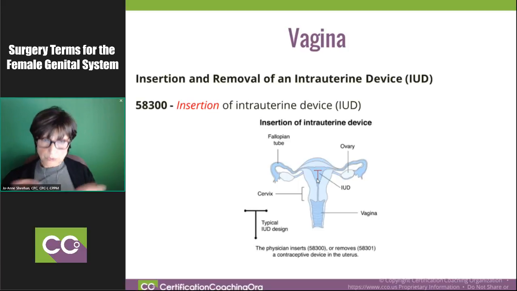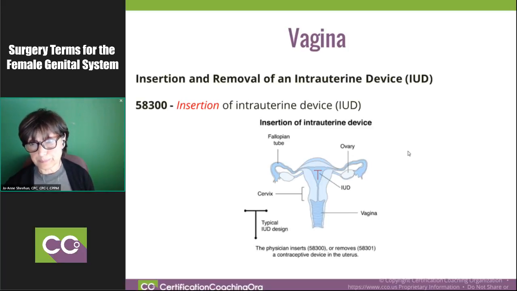And the doctor, again, will open the area with the speculum, and when they put it in, it's all folded up, and then it opens and goes ping. So the patient might feel a little ping. It doesn't really hurt. And then when it comes out, most patients don't even feel it.